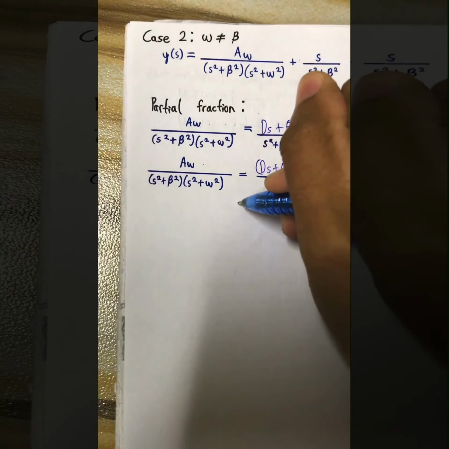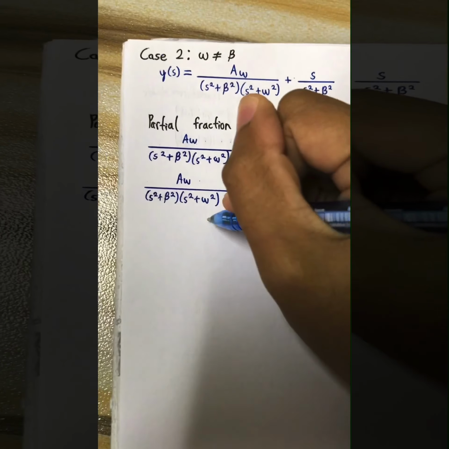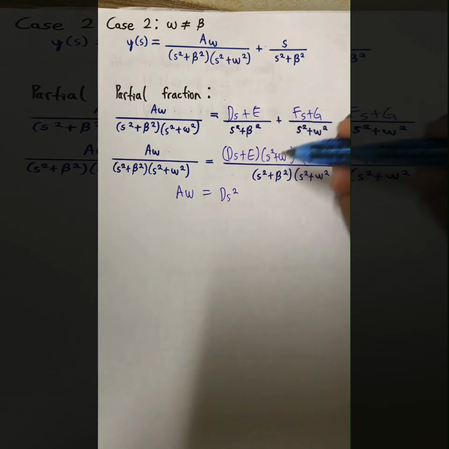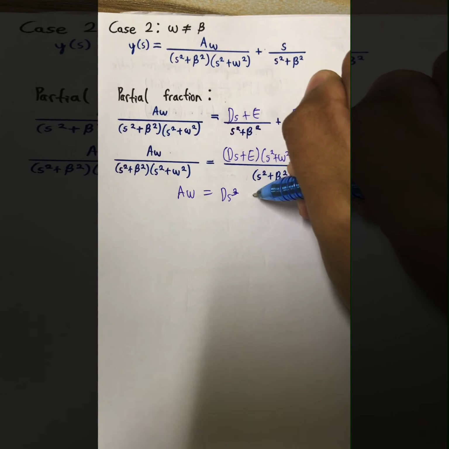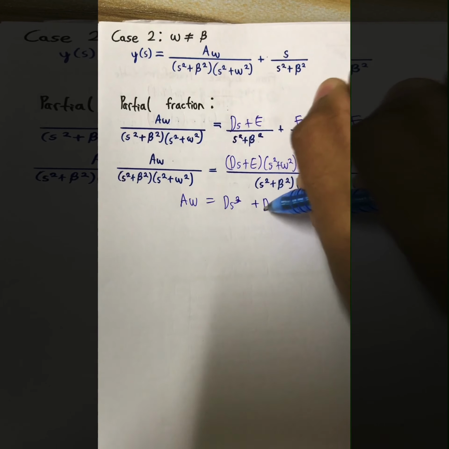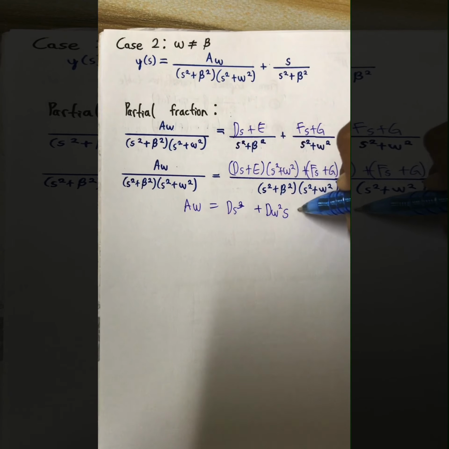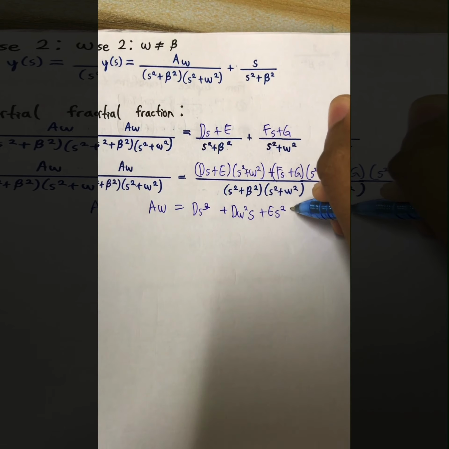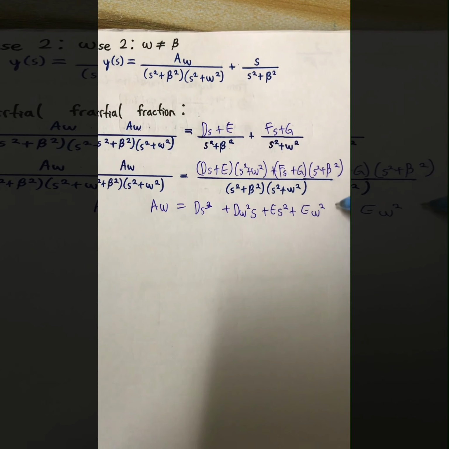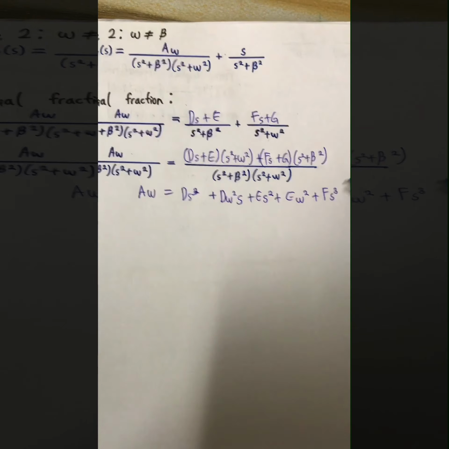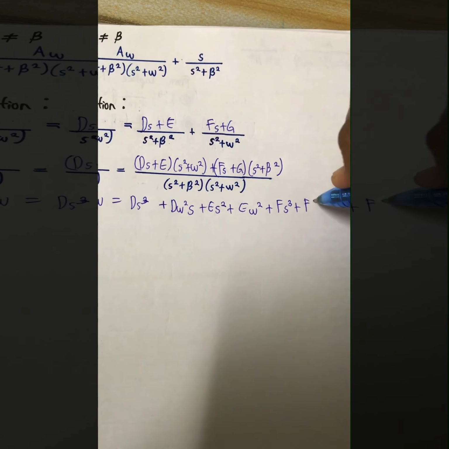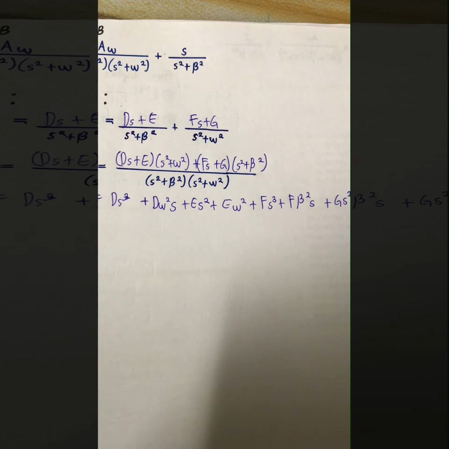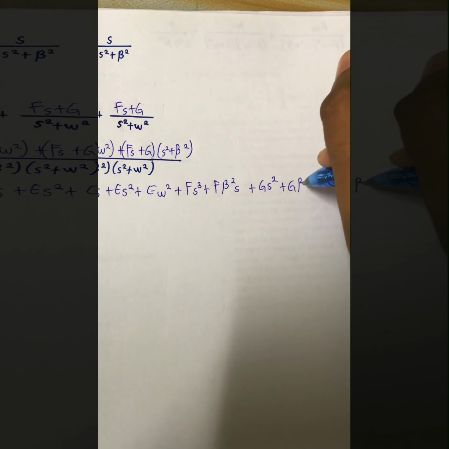So the lower part we can cancel out, and then we get alpha omega equals d s cube plus d omega square s plus e s square plus e omega square plus f s cube plus f beta square s plus g s square plus g beta square.